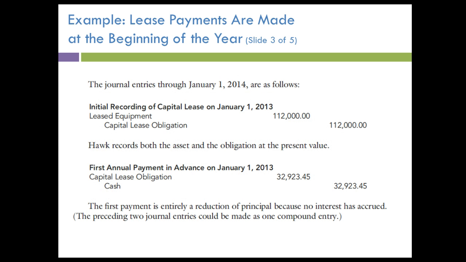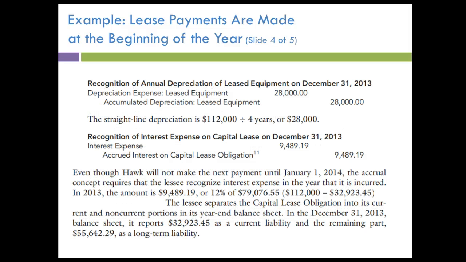So recording these journal entries, again, we are going to debit and credit the exact same amount, record an asset and also a liability of $112,000. When we record the first payment, it's going to be different than an ordinary annuity because the entire amount is going to go against the lease obligation. And then we record the depreciation, and the interest expense is going to be recorded at the end of the year.